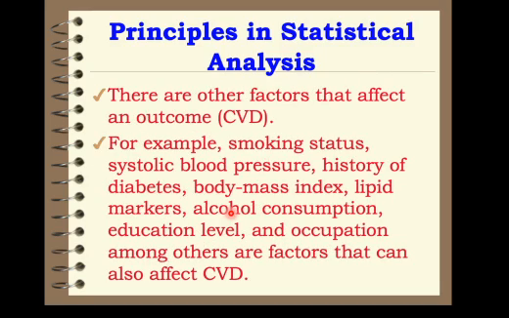But we know that there are other factors that can affect cardiovascular disease, the outcome. For example, smoking status, systolic blood pressure, history of diabetes, BMI, body mass index, lipid markers, alcohol consumption, educational level, and occupation, among others, are factors that can also affect cardiovascular disease.